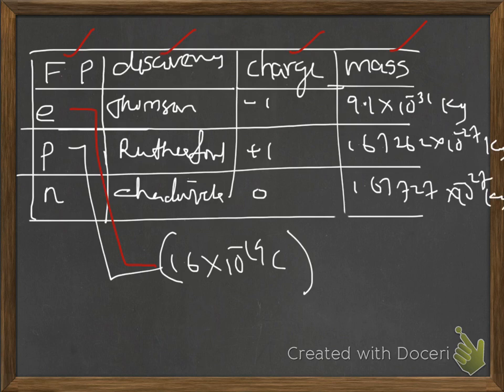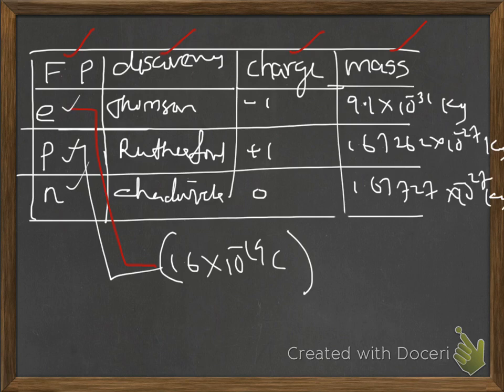From these three masses, it is very clear that both protons and neutrons occupy approximately the same mass, and their mass is around 2000 times, or 1837 times exactly, greater than the mass of electron.